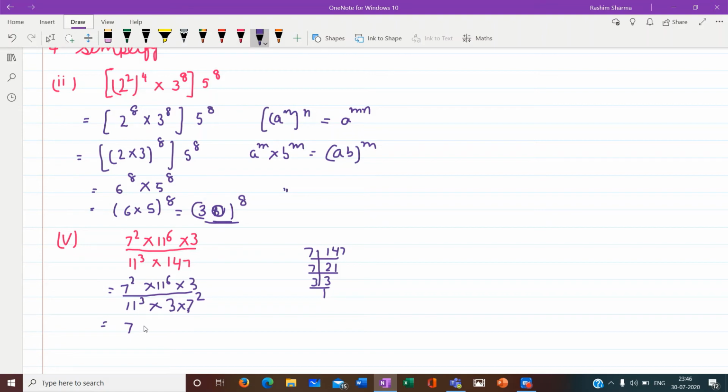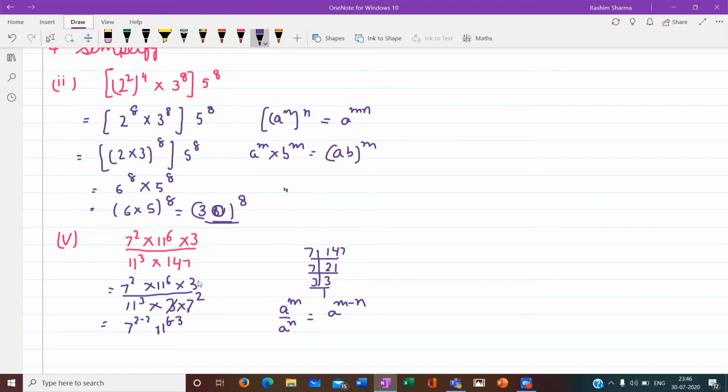So if we take them as a raised to power m upon a raised to power n, the common base, what we do? We subtract the power. So same here we will do 7 raised to power 2 minus 2. Same here 11 raised to power 6 and 11 raised to power 3. So we can write it as 11 raised to power 6 minus 3.